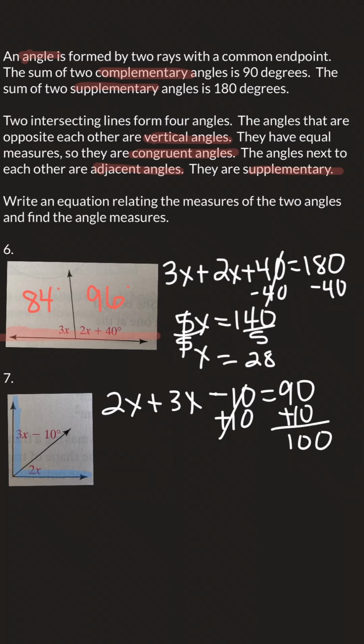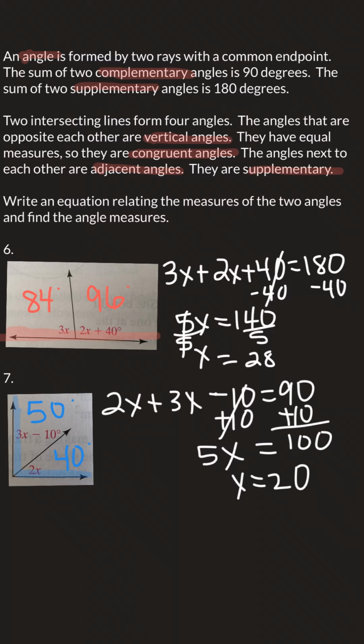Equals 100. 2x plus 3x is 5x. x equals 20. Go ahead and take that over. 2x, so 2 times 20 is going to be equal to 40 degrees. 3x is 60 minus 10, 50 degrees. 50 plus 40 equals 90 degrees.